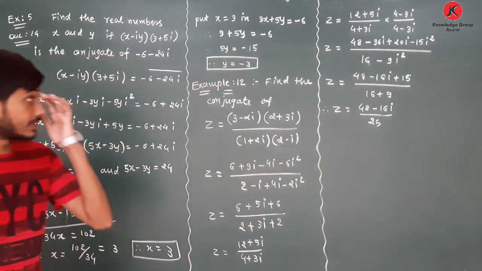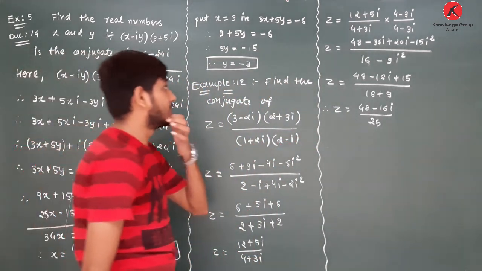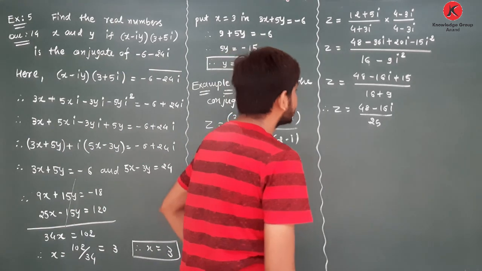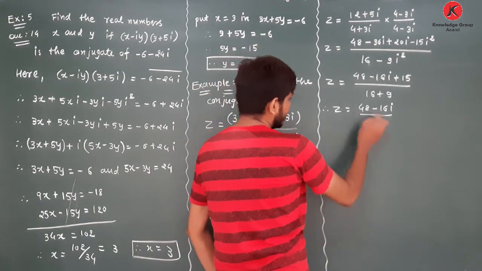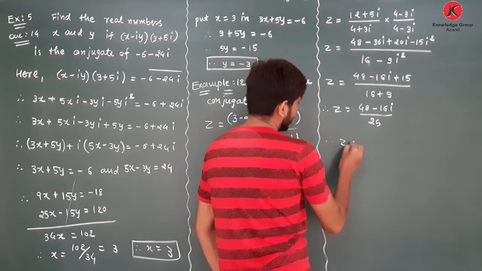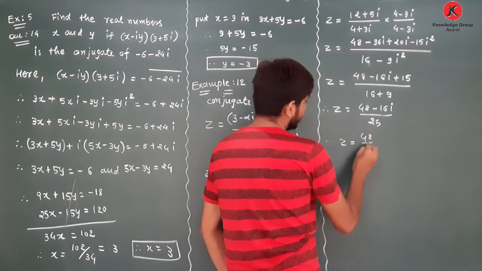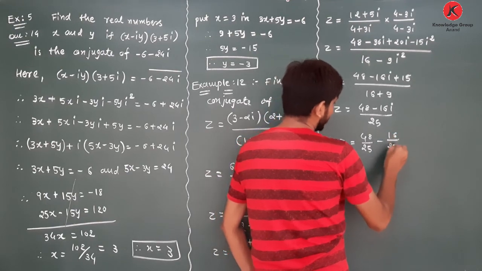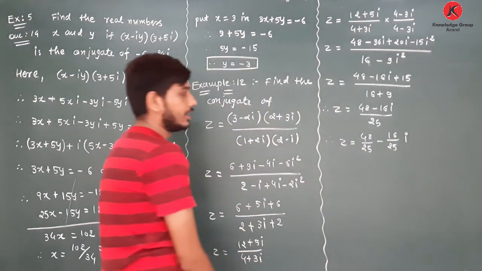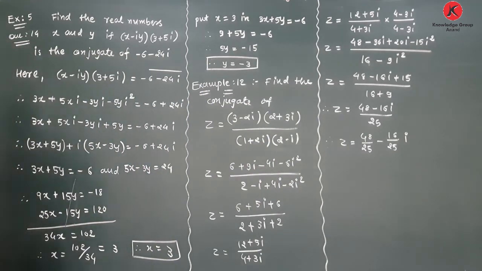Clear? Now simplify by separating, dividing by 25. We are getting Z equals 48 by 25 minus 16 by 25i. Clear?